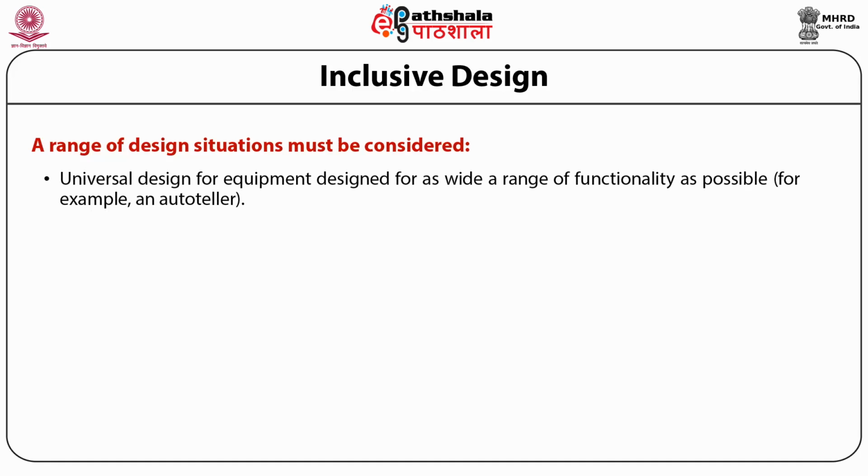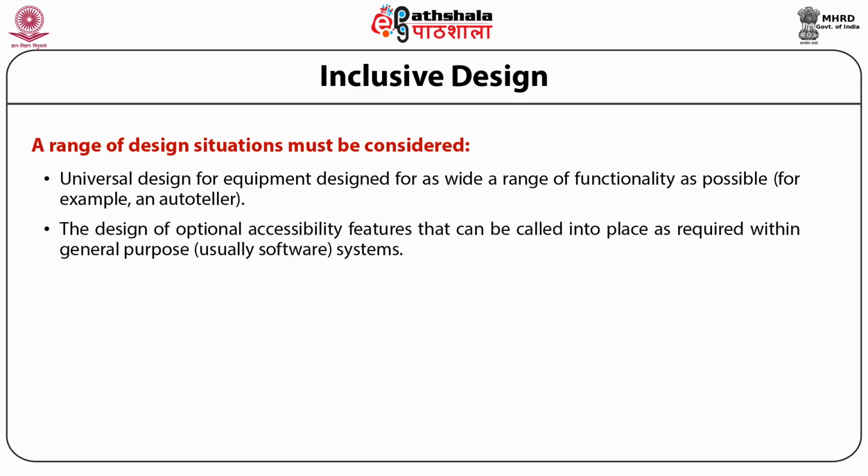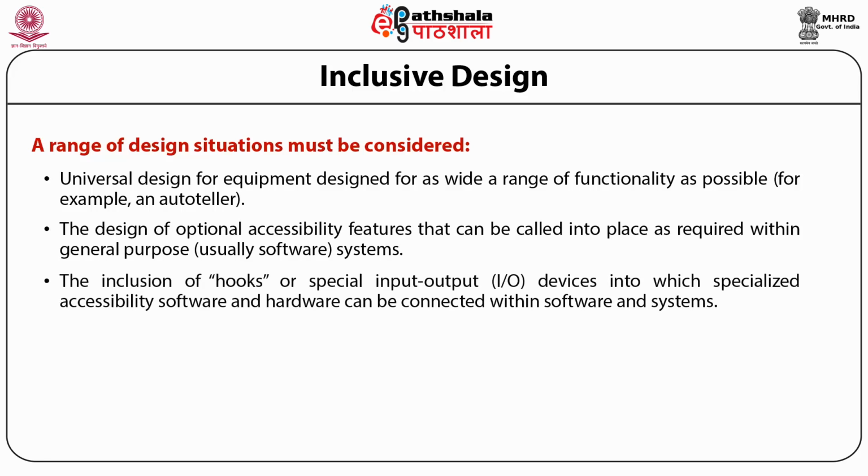Universal design for equipment designed for as wide a range of functionality as possible. The design of optional accessibility features that can be called into place as required within general purpose systems. The inclusion of hooks or special input-output devices into which specialized accessibility software and hardware can be connected within software and systems.